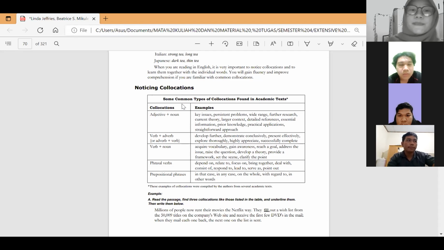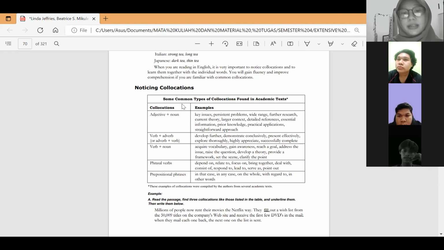Then verb plus noun, like develop a theory, provide a framework, set the scene. Phrasal verbs, such as depend on, relate to, focus on, bring together. And the last is prepositional phrases, such as in that case, in any case, on the whole, with regard to.